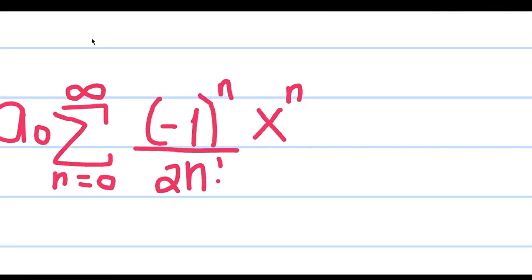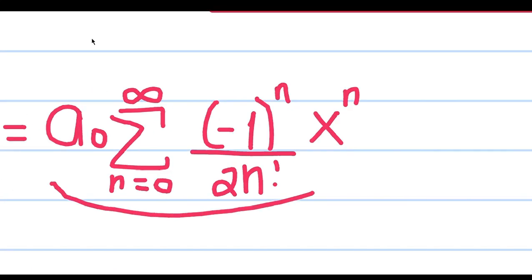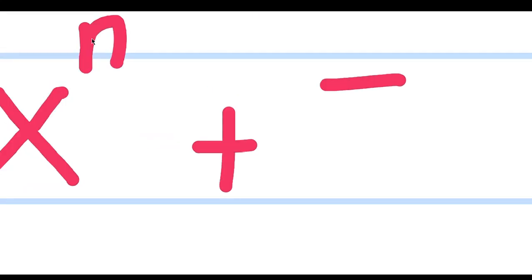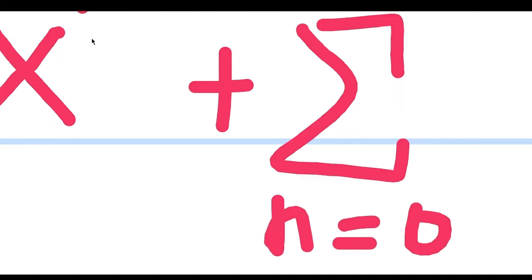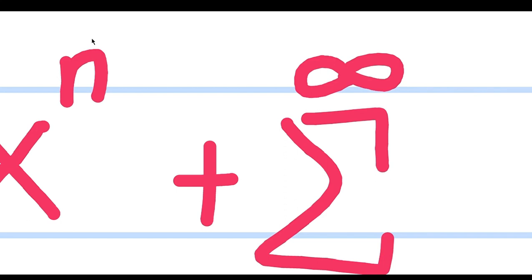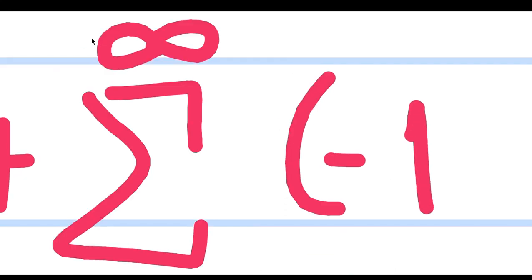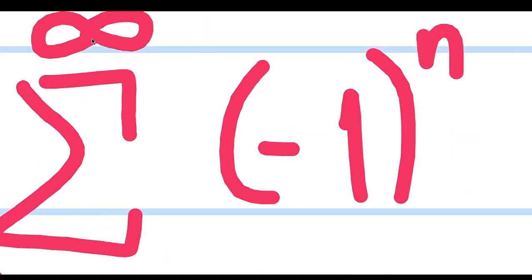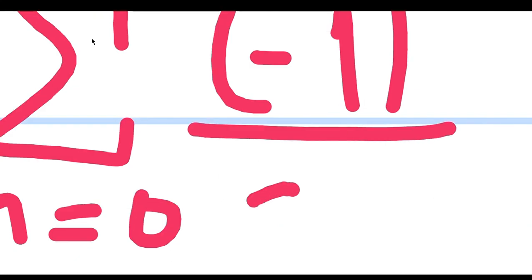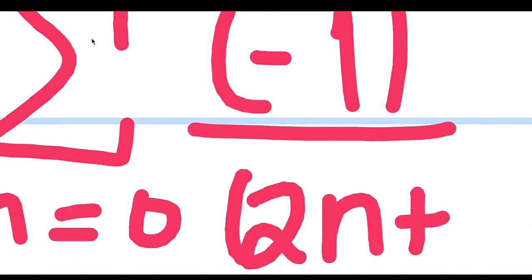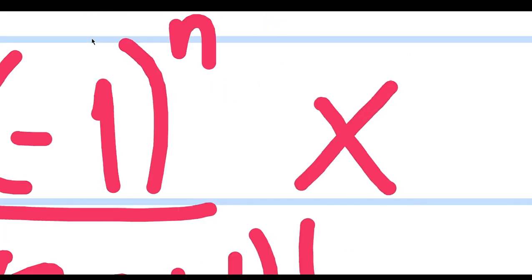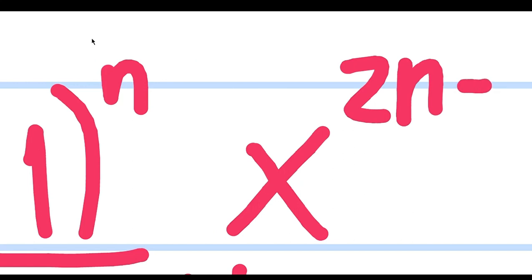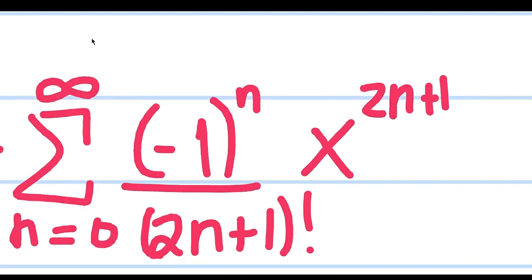And this is for the even-numbered coefficients, plus a sub 1 times the series which starts at n equals 0 until infinity of minus 1 to the power of n over (2n plus 1) factorial times x to the power of 2n plus 1.